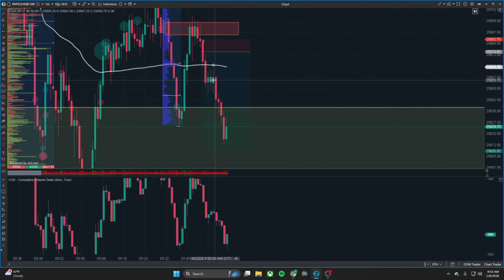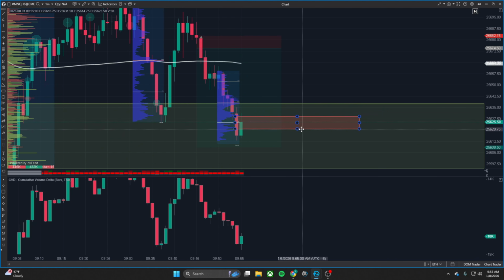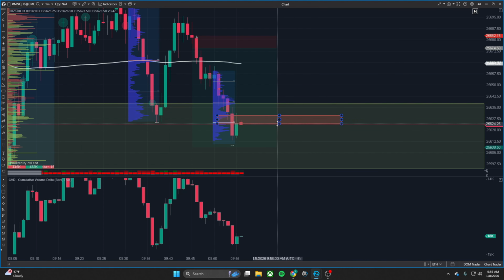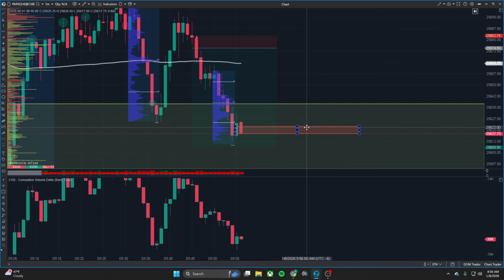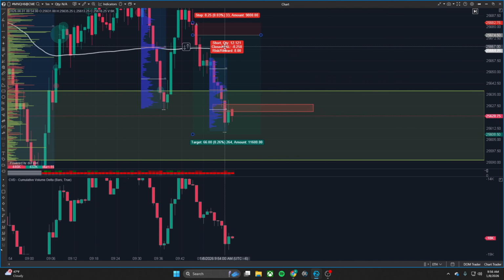Let's mark out this swing. We got a low volume node here. We're just not getting any big orders in.